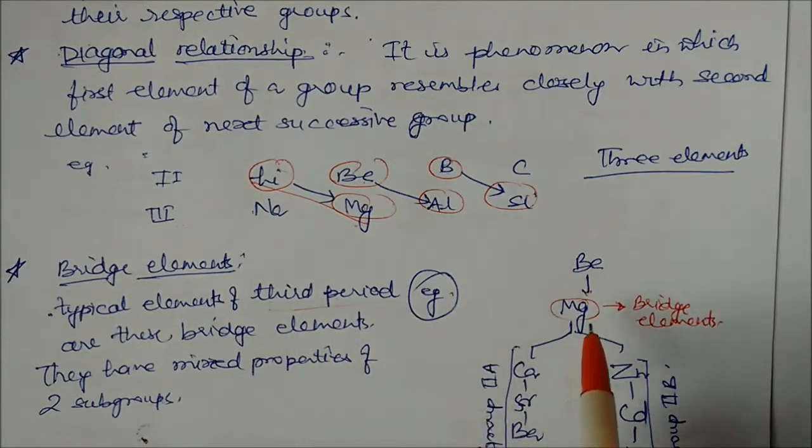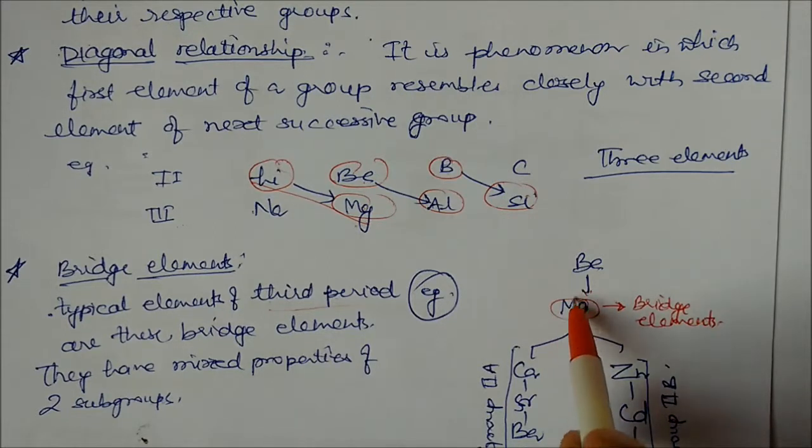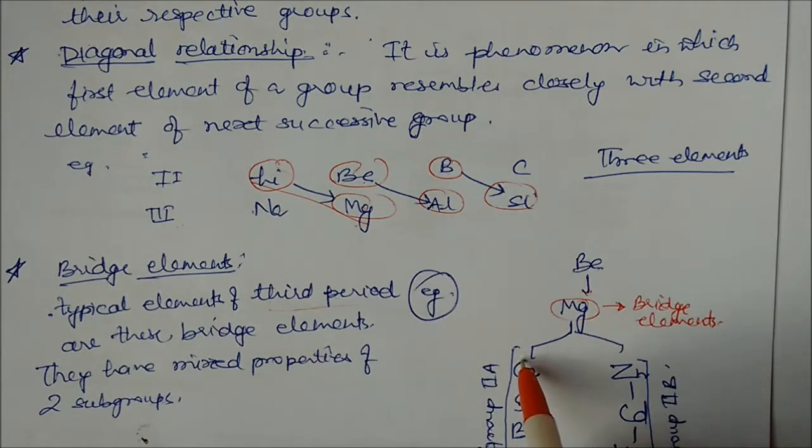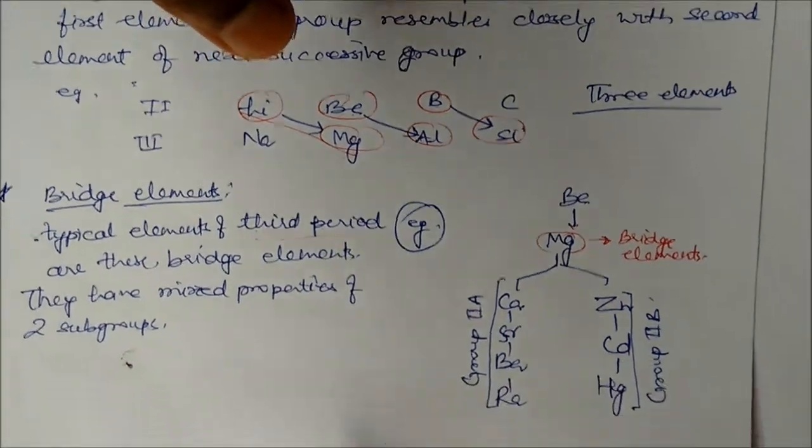We have only one example: in the third period, magnesium. Magnesium has the properties of group 2 elements, and also of group 12 elements. Group 12 is also called 2B, and group 2 is called 2A. That's why magnesium is called a bridge element. It has properties of calcium, strontium, barium, radium, as well as zinc, cadmium, and mercury.